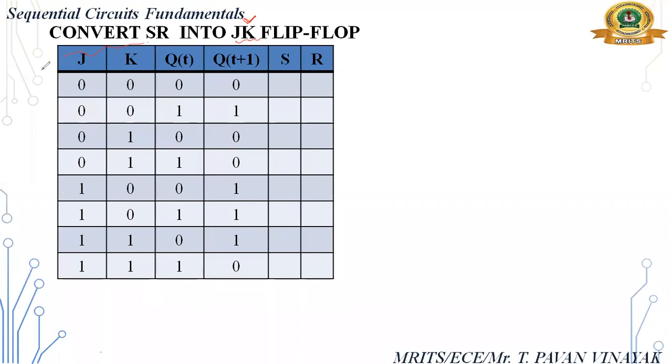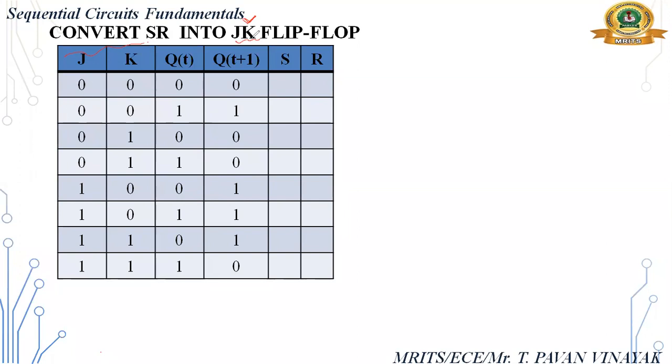While doing a conversion problem, there is no need to mention the clock signal or anything. That is no problem. Here we are doing conversion only, not performing any operation with JK, so just write the characteristic table only.